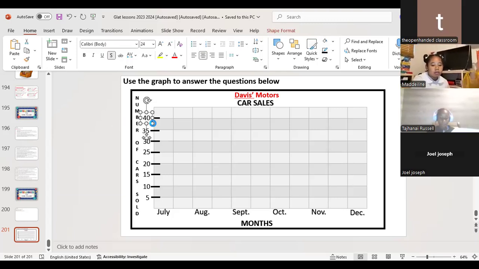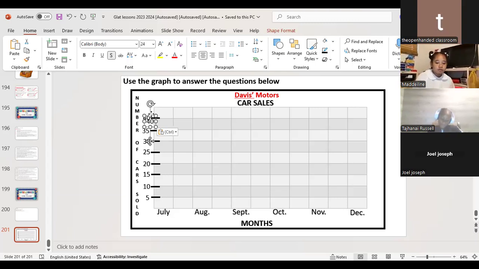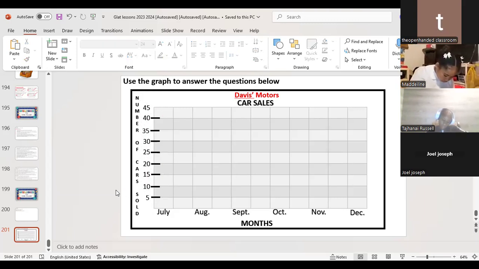After 40 is 45. Very good. All right, so now it's time to actually draw the bars inside.